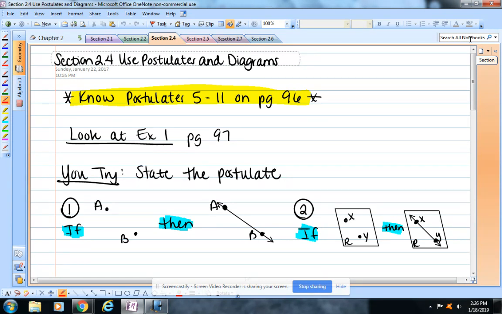Number 9 says a plane contains at least 3 non-collinear points. So for it to be a plane, it has to have 3 points not on the same line. Number 10 says if 2 points lie in a plane, then the line containing them lies in the plane. And postulate 11 says if 2 planes intersect, then their intersection is a line.